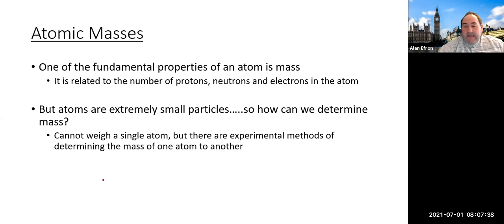As we talked about when we were discussing mass number, mass number is not found on the periodic table, but atomic mass is. If you go to the periodic table, the number underneath the symbol is the atomic mass.